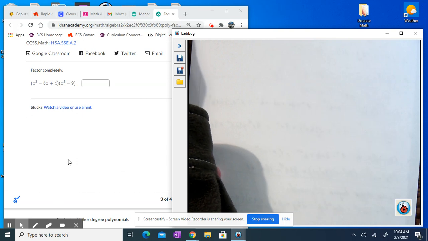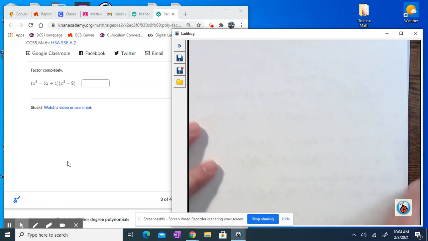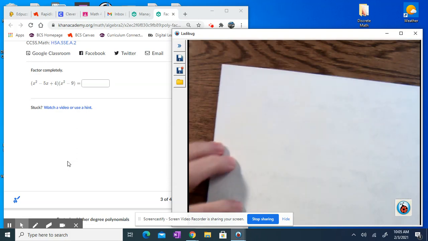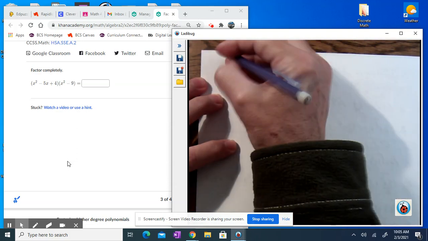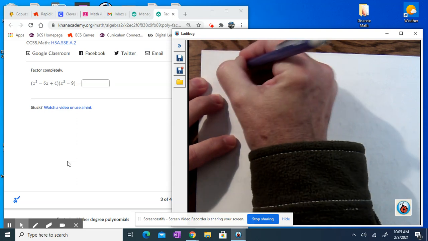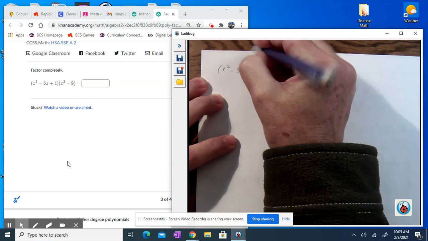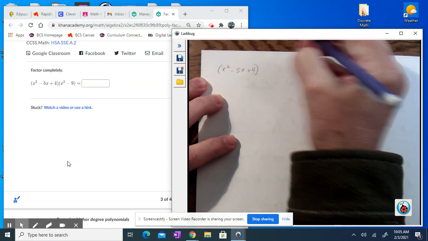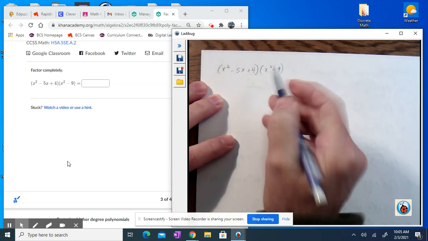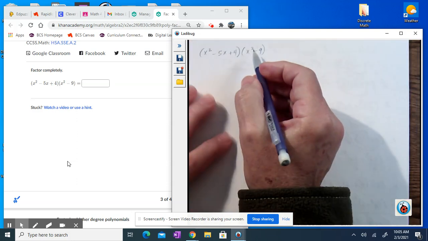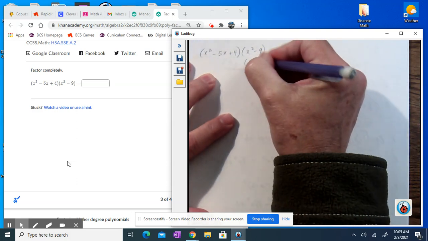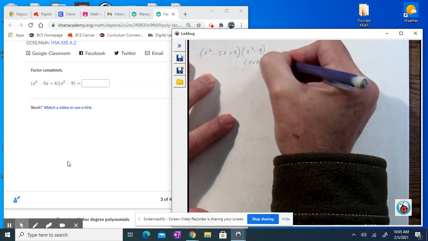Here you've got two factors, and they want you to factor it even more. So let's see, x squared minus 5x plus 4, and x squared minus 9. Okay. Now, x squared minus 9, that's a difference of squares. So I know it's going to factor to x plus 3, x minus 3.